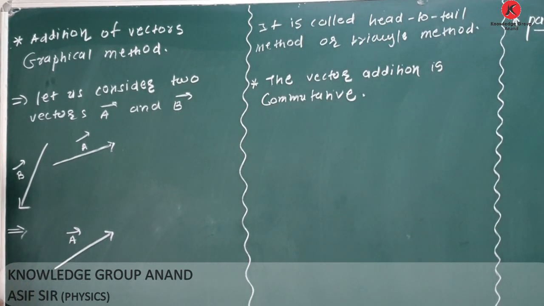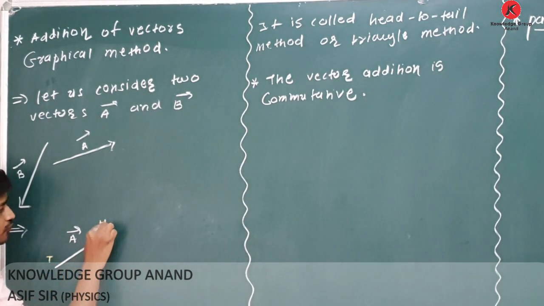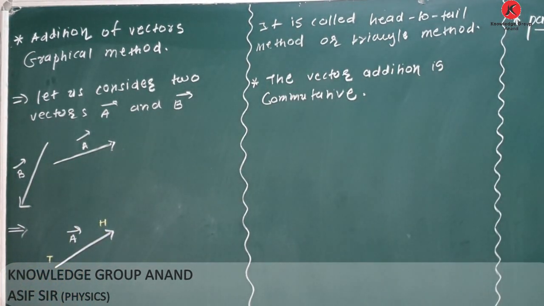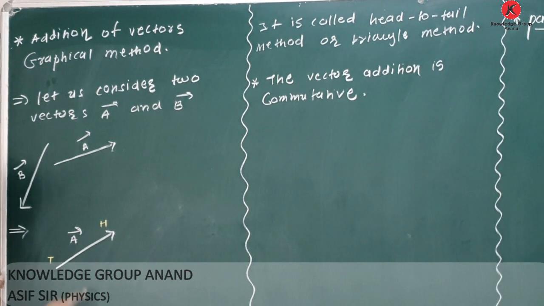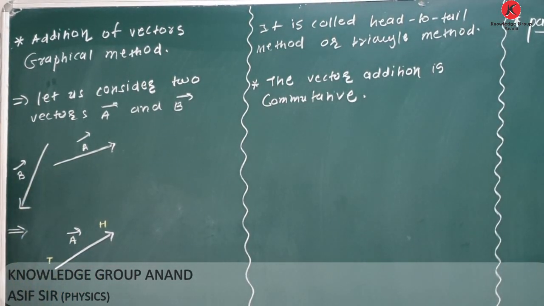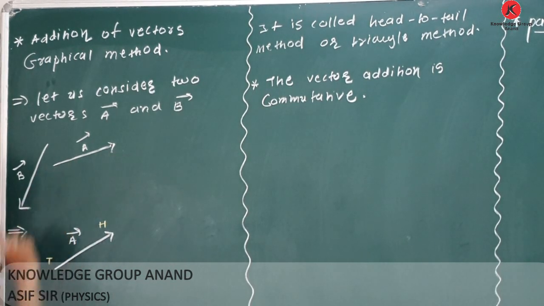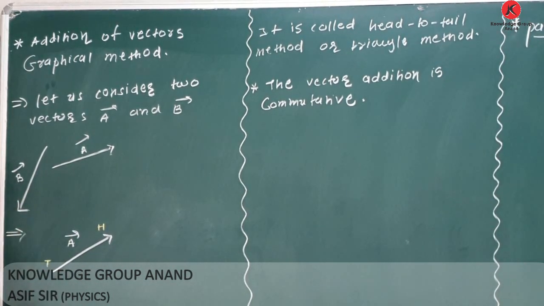Now see, it is tail of vector A and it is head of vector A. Draw first of all vector A. Okay. Now from head of vector A, draw vector B. See, here it is vector B. From here you have to draw this vector B. Means vector B, it is in this direction.